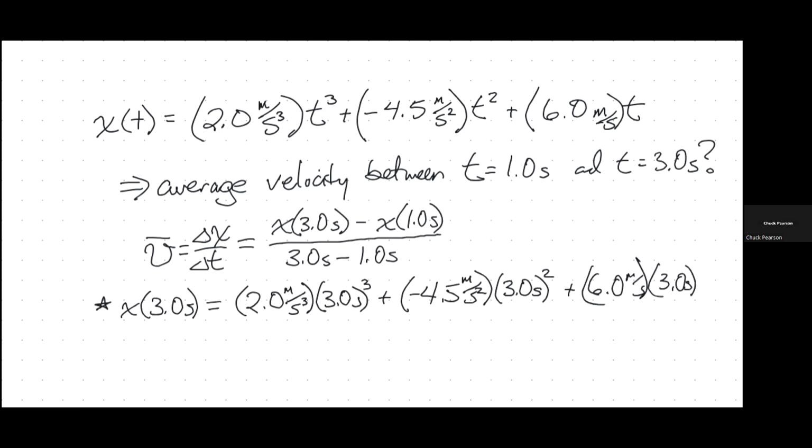This is 2 times 27. That's 54. That is negative 4.5 times 9. That's negative 40.5. And then the end is 6 times 3, which is 18.